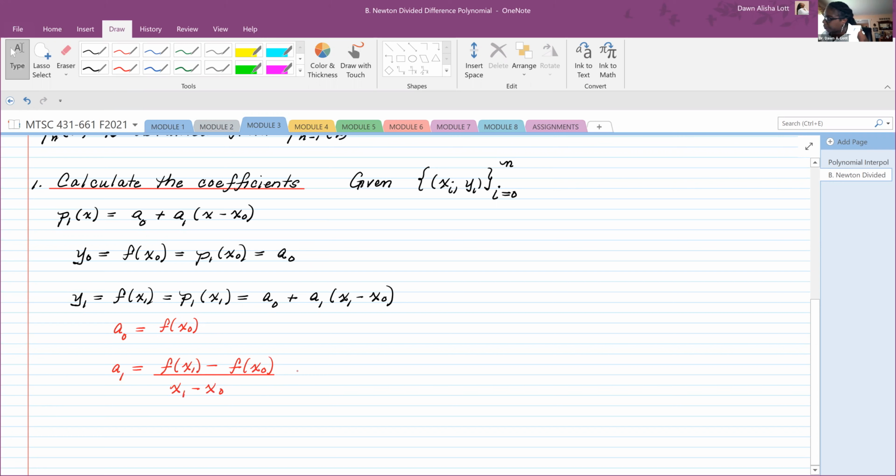We're going to call that, in brackets, F[X0, X1], and this is the first divided difference.